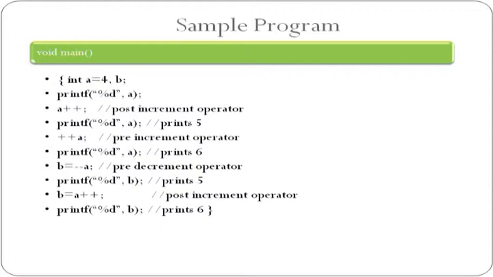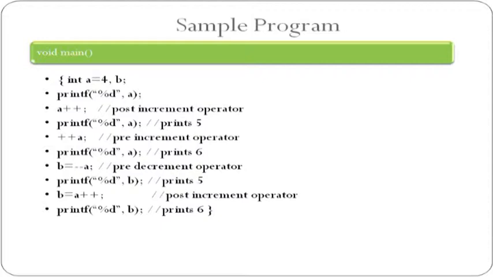So these are simple examples of how increment and decrement are done. It can also be done in some other steps like b equals minus minus a. What do you think would happen here? Minus minus appears before a, which means that it is a pre-decrement operator.